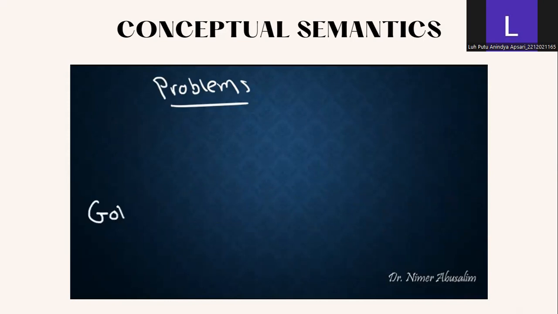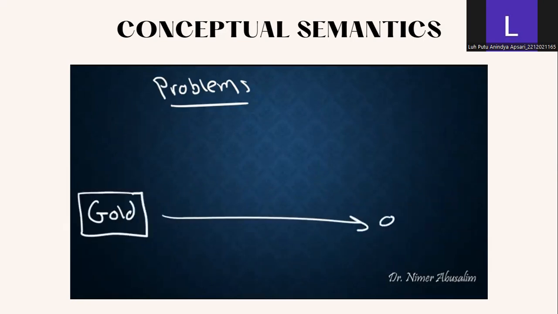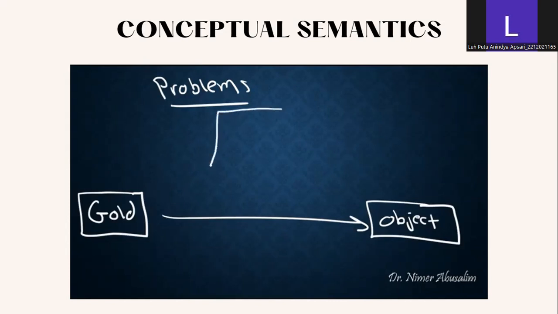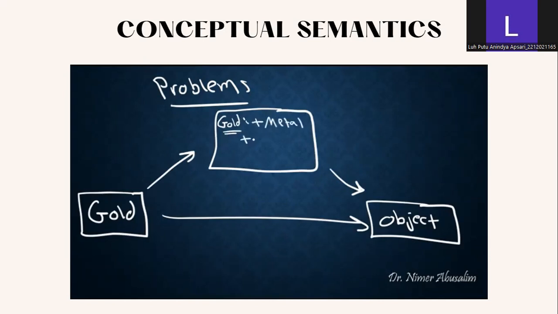Take for example the word gold. What can gold denote in the real world? Well, we're going to have the meaning of gold or the denotation of gold be mediated by our concept. But here's the thing. This concept is going to be different for each and every speaker. So for an ordinary person, gold might be plus metal, plus expensive, plus yellowish, and plus shiny. Now I'm sure a lot of things in the world fit this description.